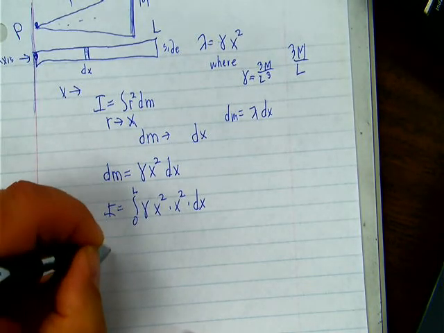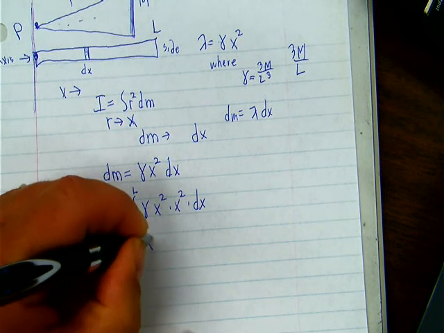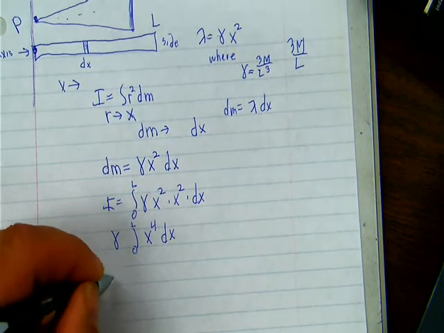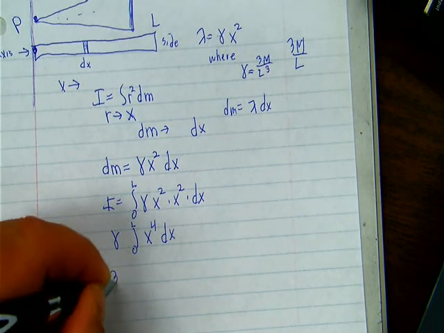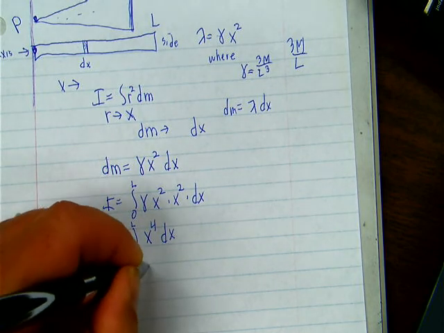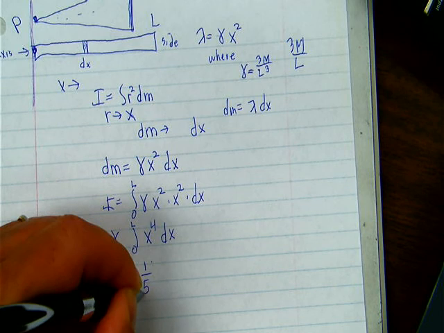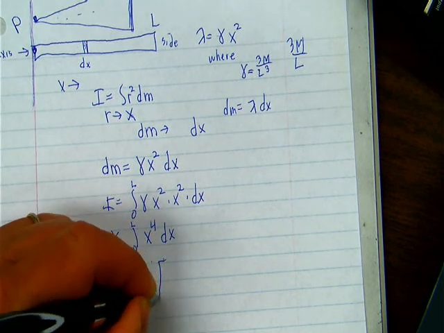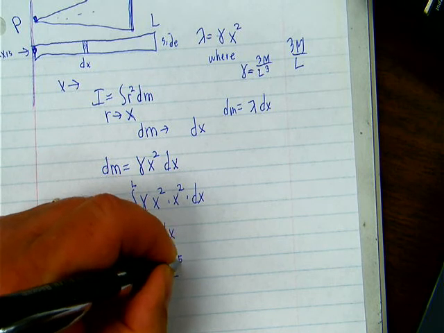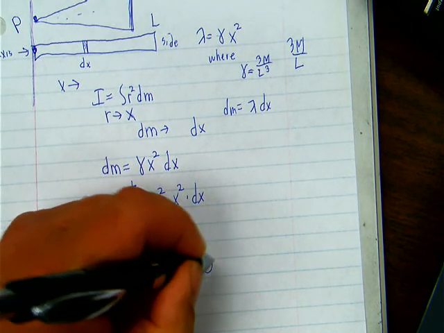And so gamma times the integral from 0 to L of x to the 4th power dx, which becomes 3m over L cubed times 1/5 times L to the 5th power minus 0.